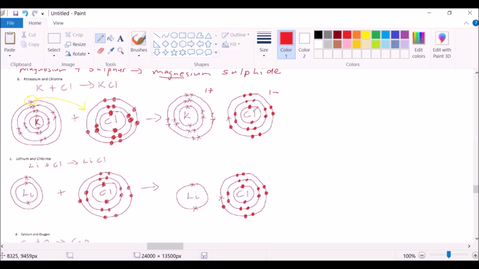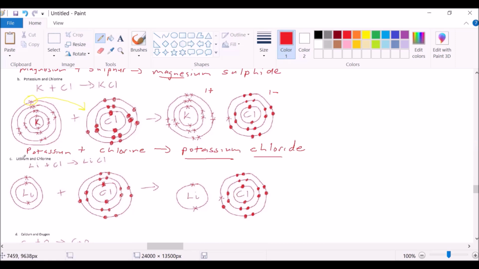And it's giving a charge of -1 here. So we can say potassium reacts with chlorine to form potassium chloride. Remember, our naming system is the metal part and the non-metal part with the IDE.